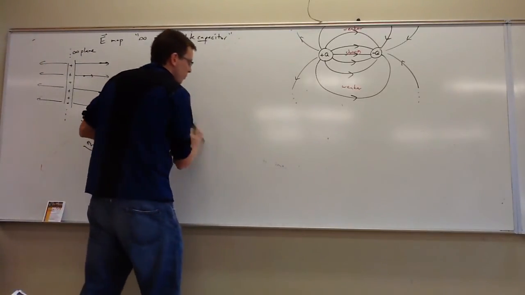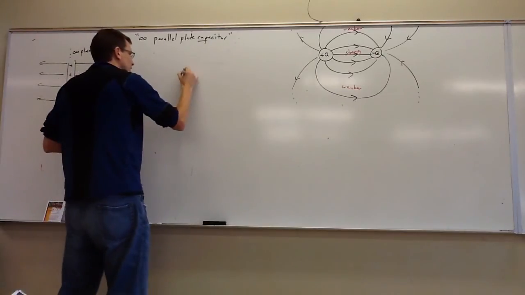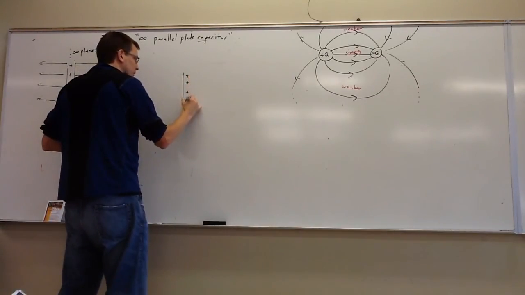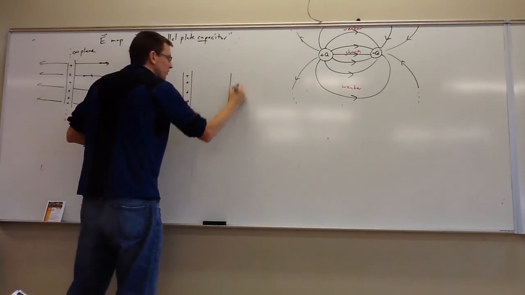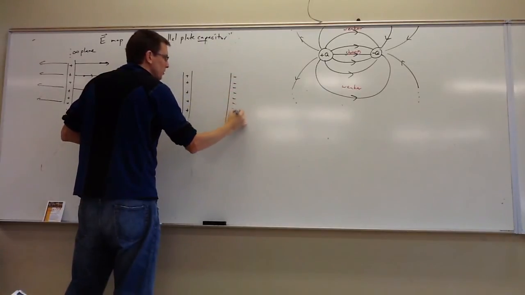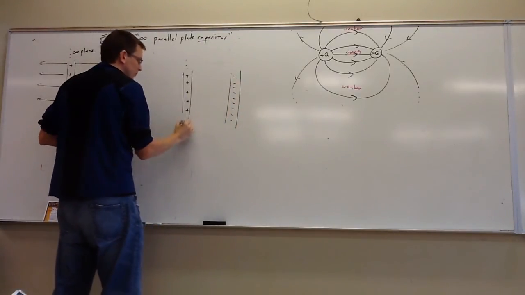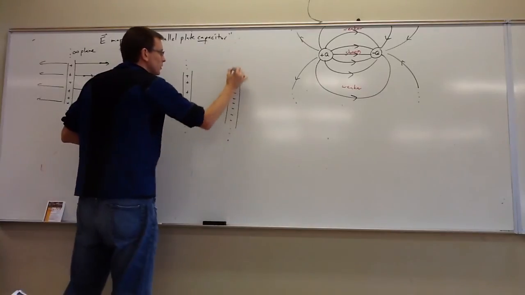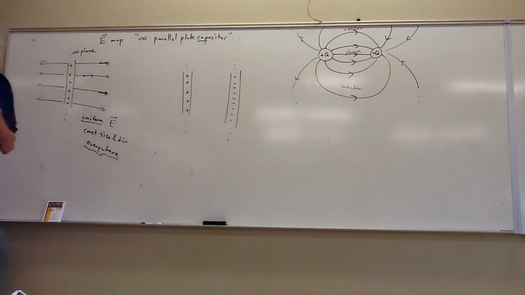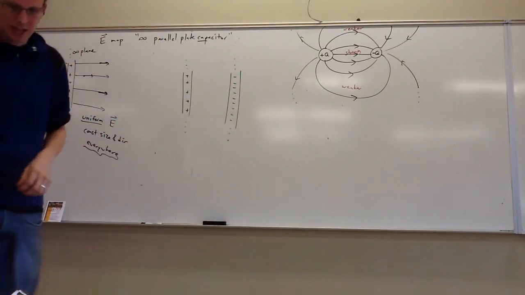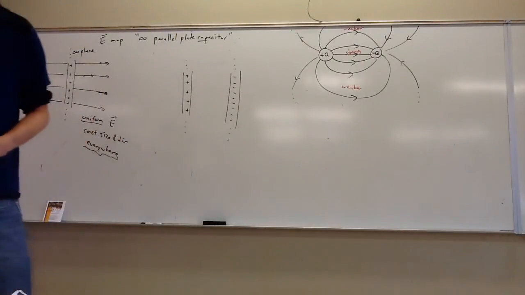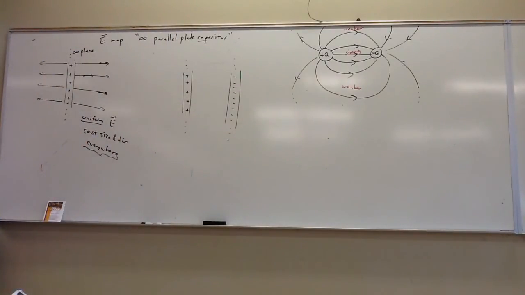So, here's a parallel plate capacitor. There's a plus and a minus. These are both infinite planes. Let's take a look at what the electric field would look like for that. Let me attack it the same way as the dipole.